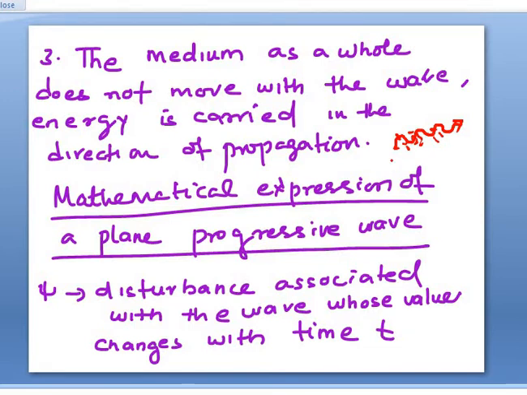Now we will go to the mathematical expression of a plane progressive wave. Let us consider psi as the disturbance associated with the wave, whose value changes with time t. When the wave is traveling, there will be a passage of time. So let us see.